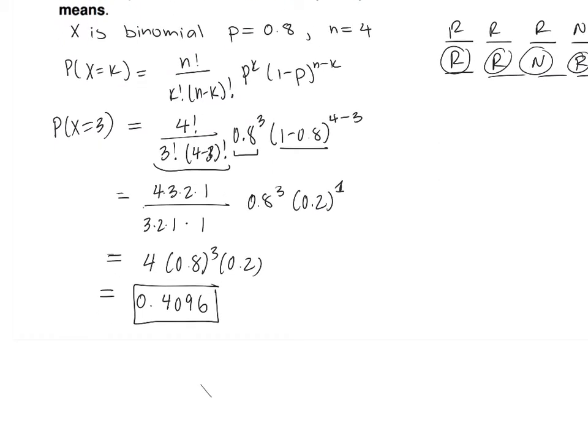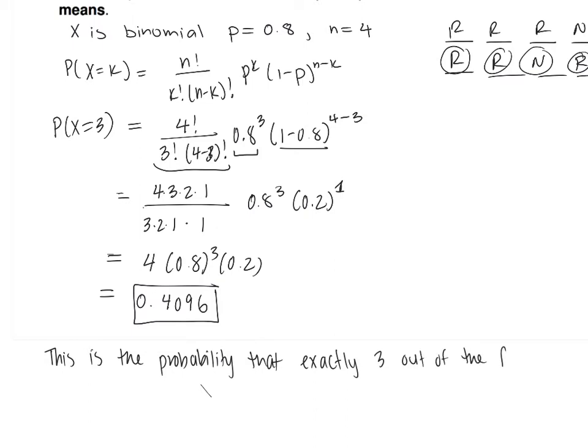And then what does it mean? So this is the probability that exactly 3 out of the 4 patients recover.